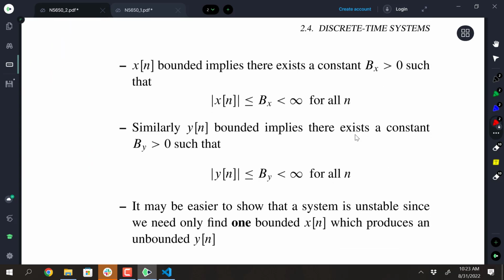Technically what you have to do is establish that for a bounded input, something whose magnitude is less than a constant, which is less than infinity, if you stick that into the system of interest, it will ensure that the magnitude of the output also stays bounded, less than some constant, By, that's less than infinity. So really simple example.